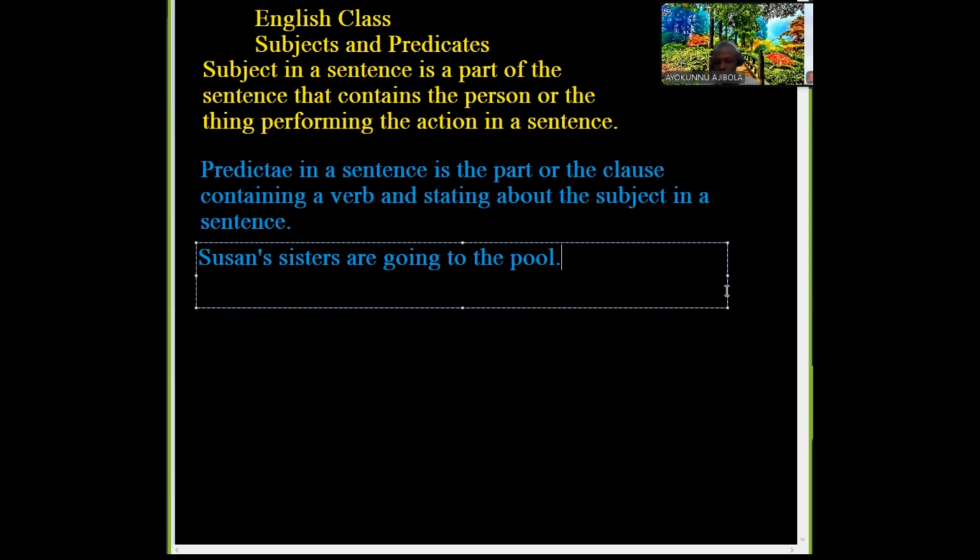Now, the sentence is actually about Suzanne's sisters, and they are the subject. The predicate is going to the pool, because it shows what the sisters are doing. It mentions the verb and says something about the subject, which is Suzanne's sisters.